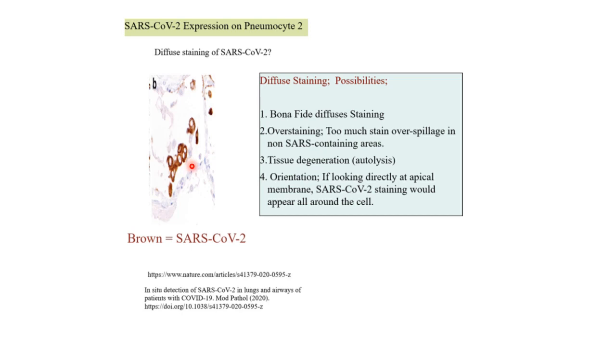In others, as we saw, SARS-CoV-2 infection may be asymmetric in the cell. Secondly, overstaining. Too much stain, overspillage in non-SARS containing areas. Three, tissue degeneration, autolysis. Four, orientation. If looking directly at apical membranes, SARS-CoV-2 staining would appear all around the cell. So it may be a simple effect of which angle you look at it from.